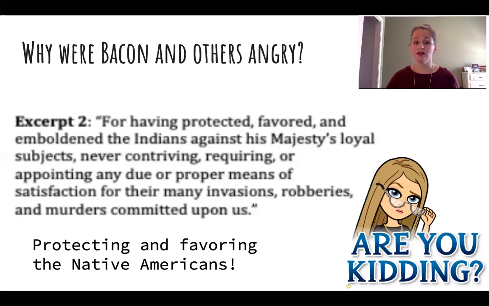The colonists, though, were saying, listen, these savage Indians were constantly attacking us, invading us, robbing us, even at times murdering us. But the British government is doing nothing about that because they don't want to mess up the trade agreement that we have with them. So they're really angry that they feel like the Native Americans are being treated better than they are as English colonials.